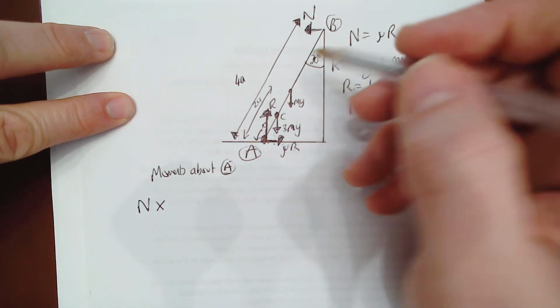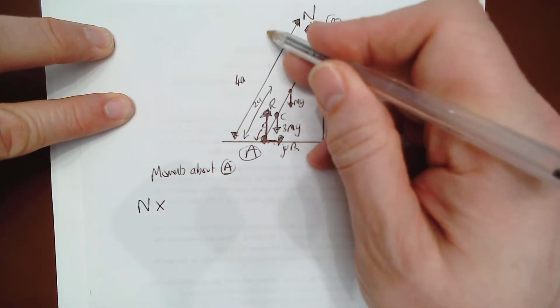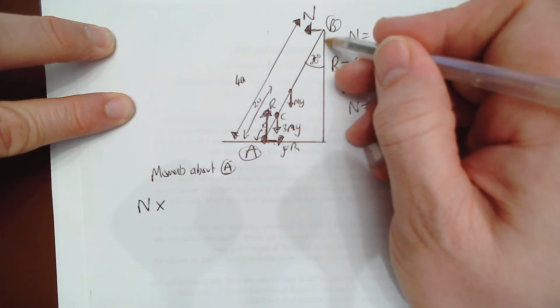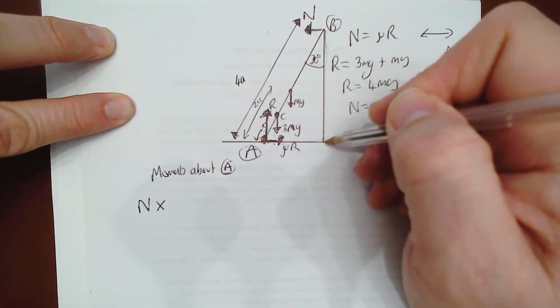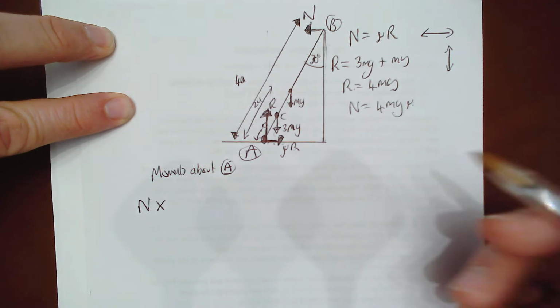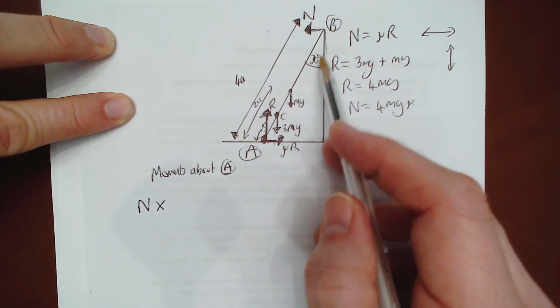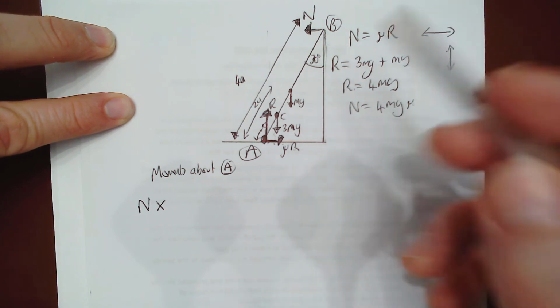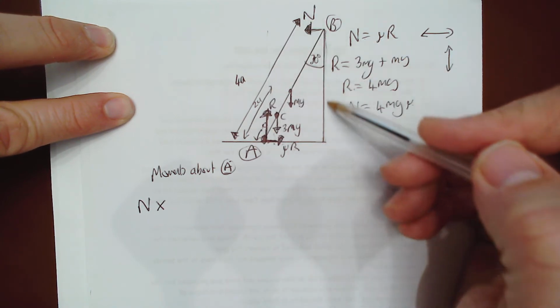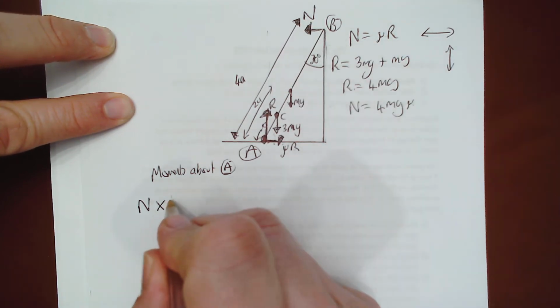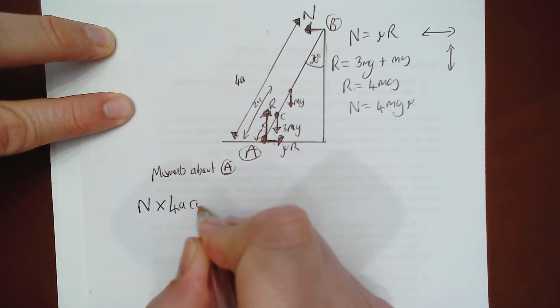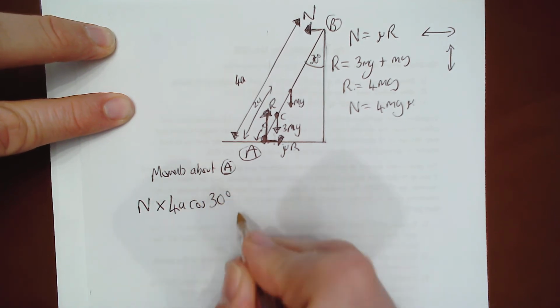Hard concept sometimes, and it's something to practise. So you see here, that is the perpendicular distance from N. Now that's part of the triangle. So if I take this 30 degrees here, and that's 4A, it's going to be the cos component, so it would be 4A cos 30.